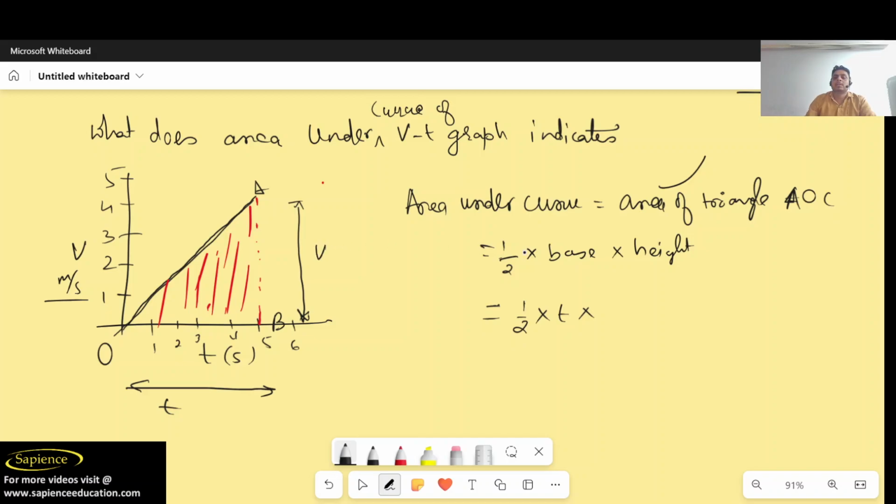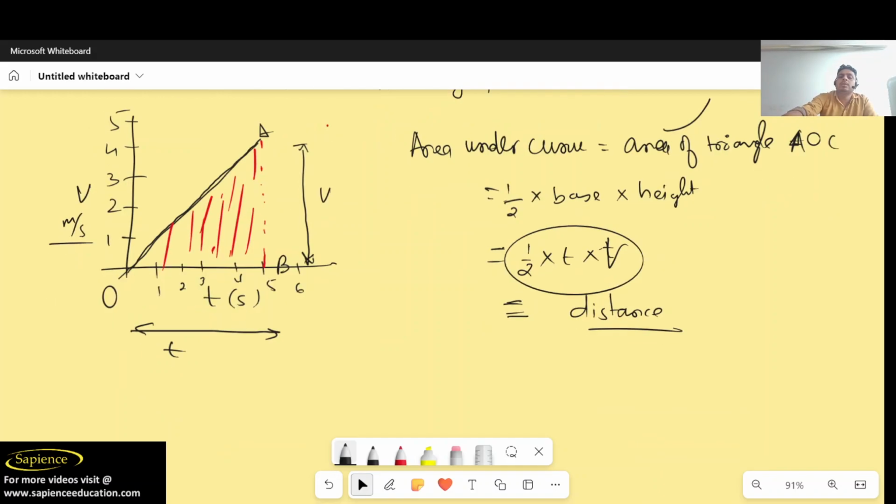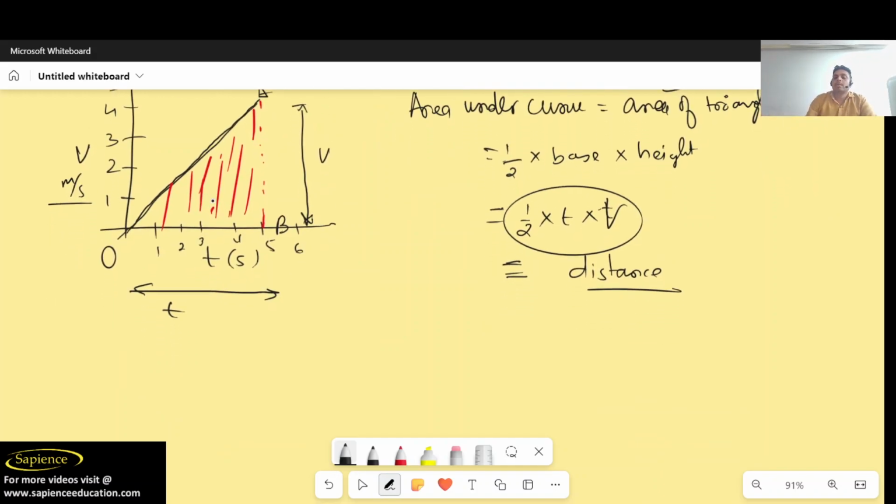This is your velocity. So velocity into time, velocity into t. What do you infer? Which physical quantity will depict velocity into time? Velocity into time is actually your distance.